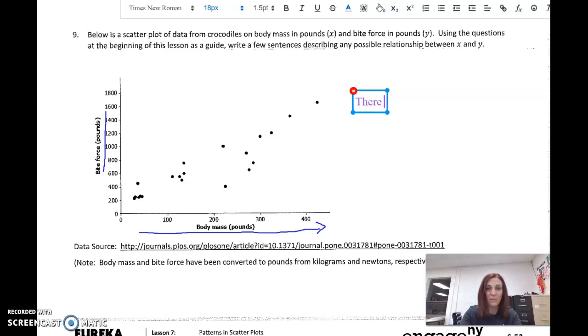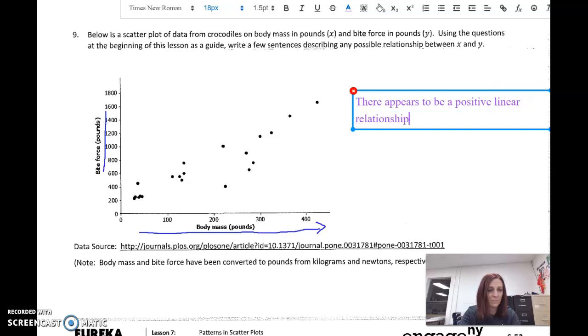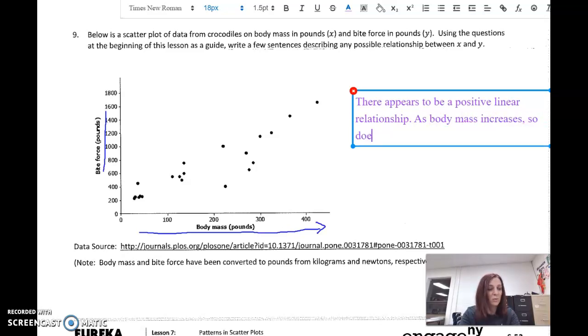So to finish up, there appears to be a positive, that's our third question there, linear relationship. And, here it comes, not forgetting to mention our variables: as body mass increases, so does the bite force.